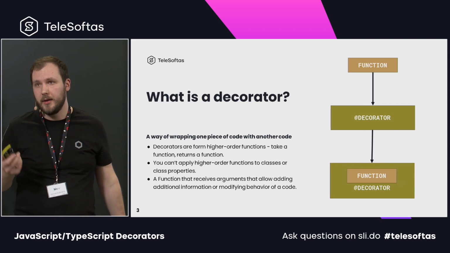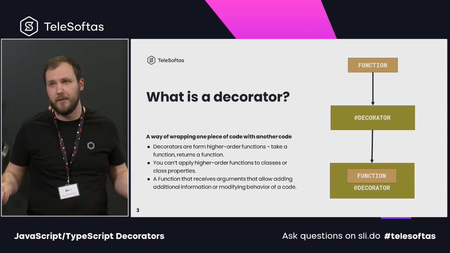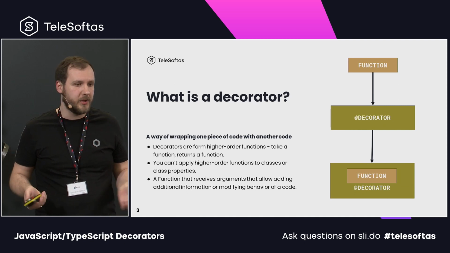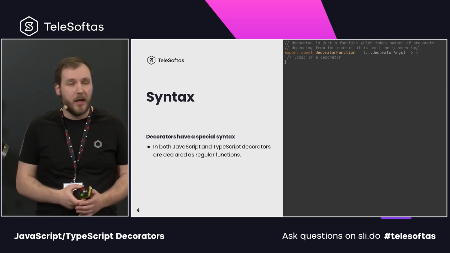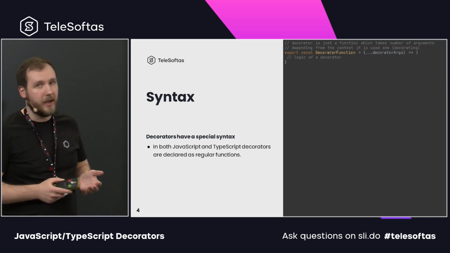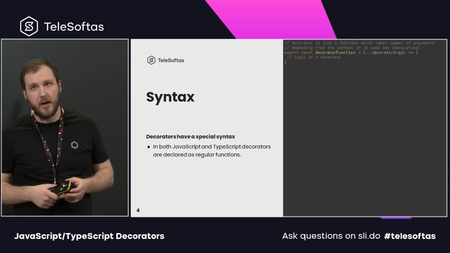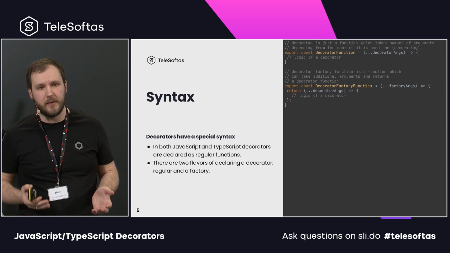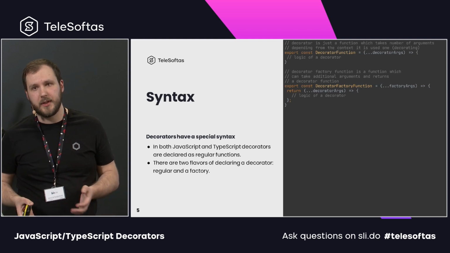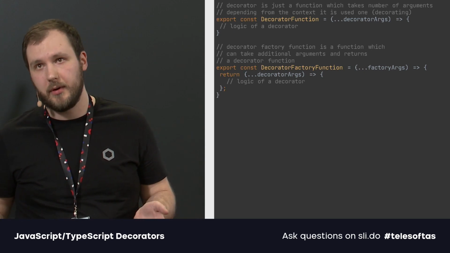Simply put, a decorator is just a function that wraps a piece of code and adds additional information or modifies the behavior of that code. In JavaScript, decorators have special syntax. They are declared as functions, but you can also declare them as factory functions. The difference between the two is quite obvious: the factory function accepts additional arguments that can later be used in the decorator logic.